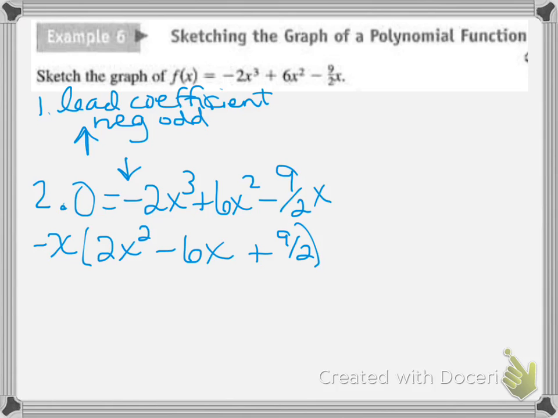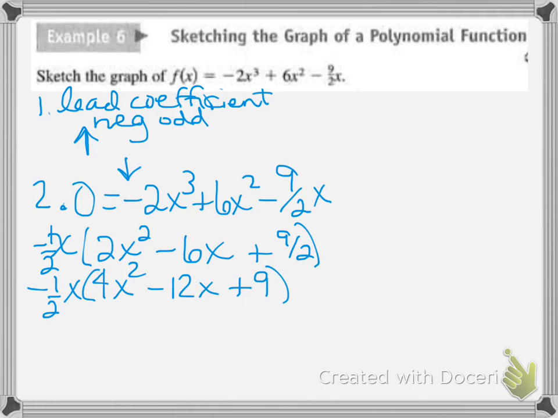That is an excellent idea. Let's take out 1/2. That would give us 4x squared minus 12x plus 9, wouldn't it? Is that too complicated? It just doubled everything.